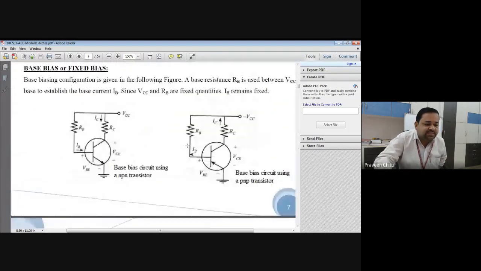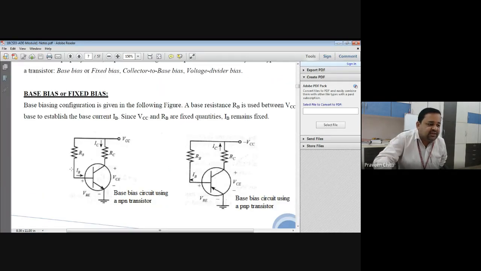So this is very simple, and as I said, you can expect this particular question in your exam also. This is a standard question. Many a time they will ask, explain fixed bias circuit, or define biasing and explain fixed bias circuit by giving its mathematical analysis.